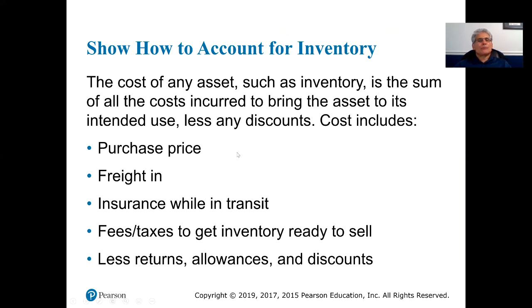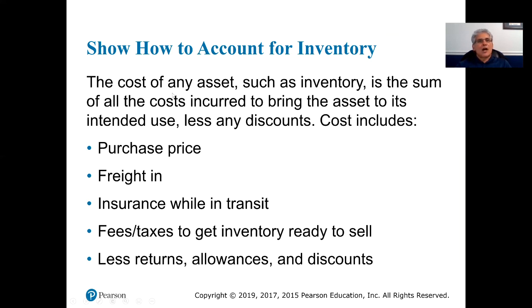So we have to remember and understand that the cost of any asset, such as inventory, is the sum of all costs incurred to bring the asset to its intended use. Remember that, because we're going to use that definition later on when we're talking about the purchase of fixed assets.